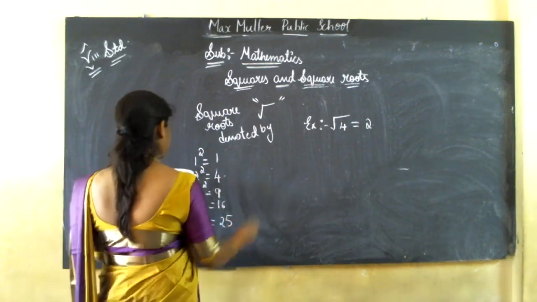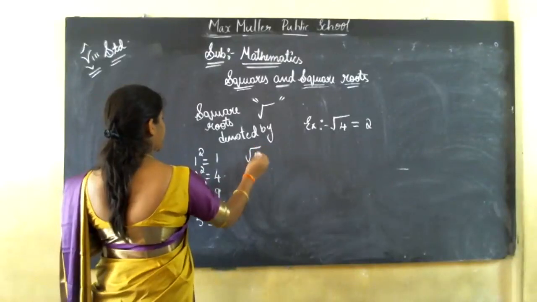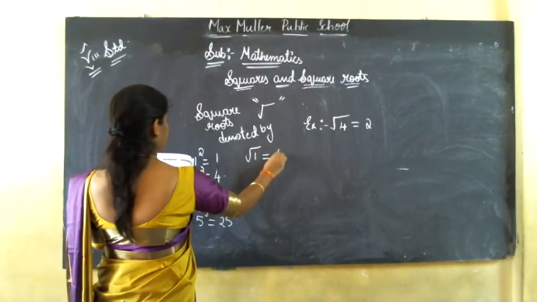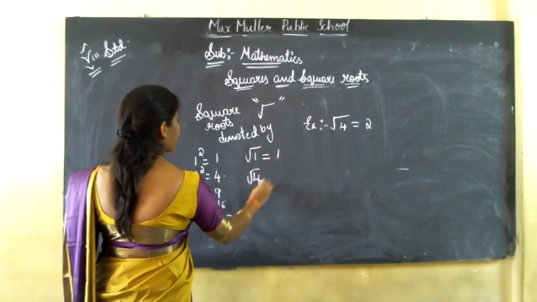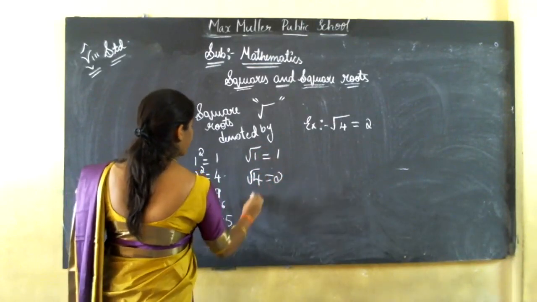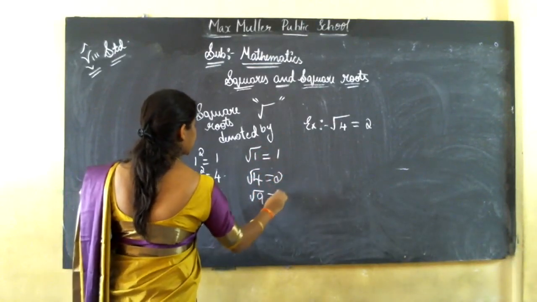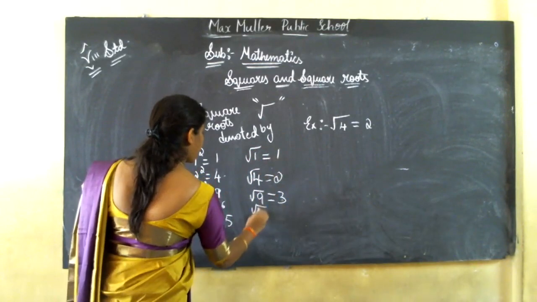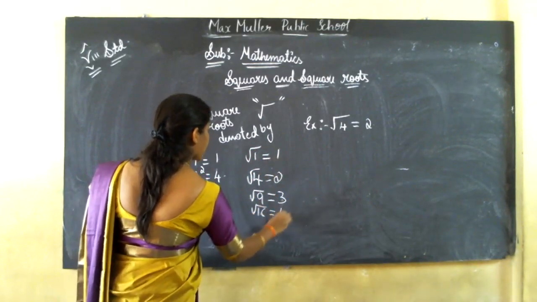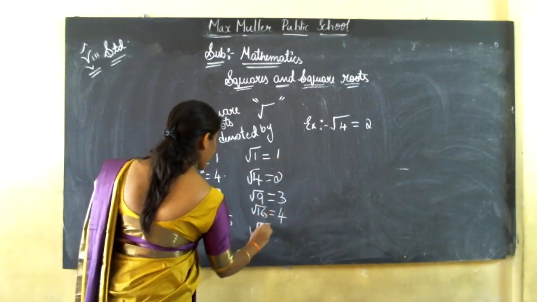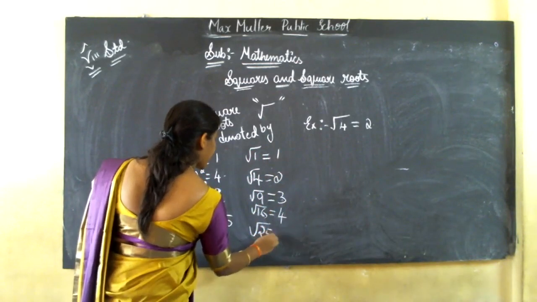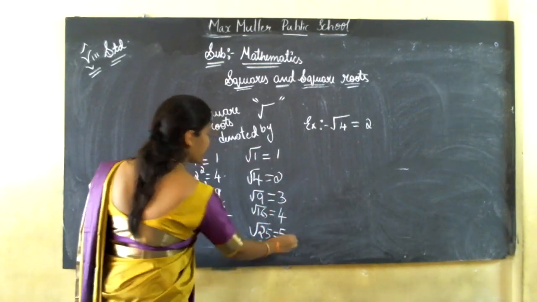You all know this. So how is it denoted? Square root of 1 is 1, square root of 4 is 2, square root of 9 is 3, square root of 16 is 4, and square root of 25, if it is given, it is 5.